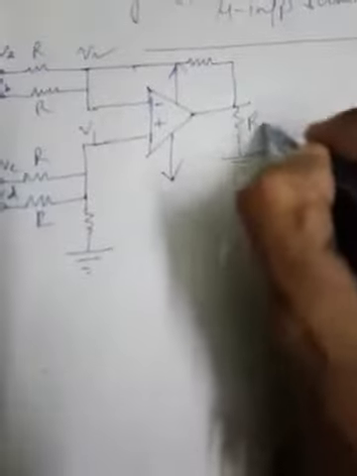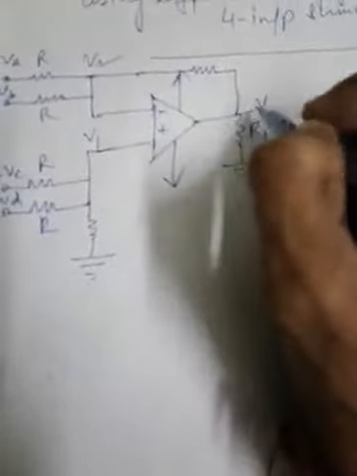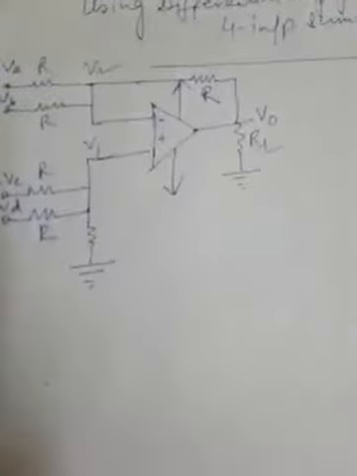This is node voltage V2, this is node voltage V1, and this is load resistance RL. The output is VO, and the feedback resistor is also equal to R, the same as the input resistances or the external resistances for the circuit. Now we should be finding this VO.